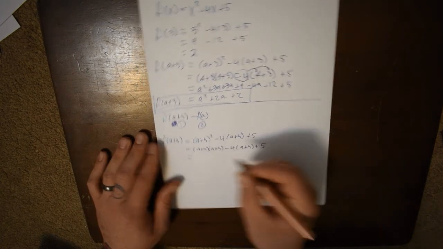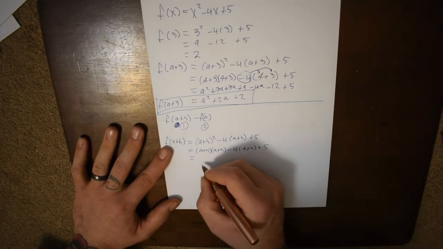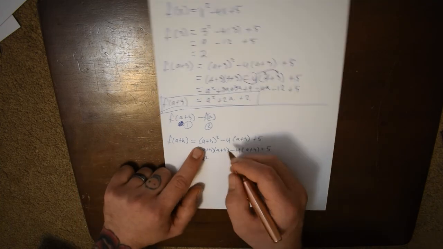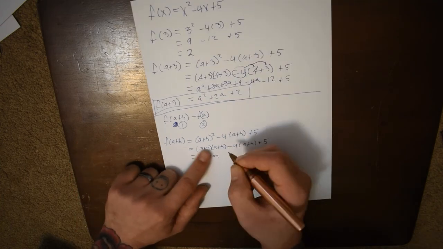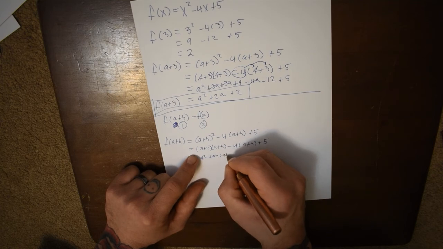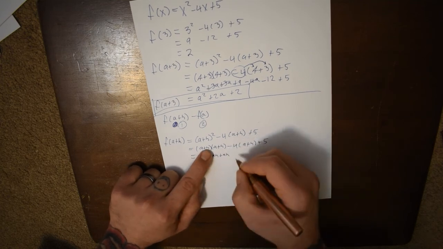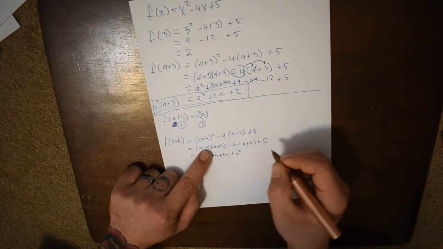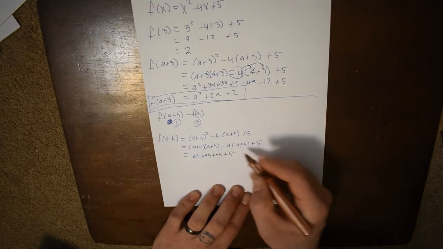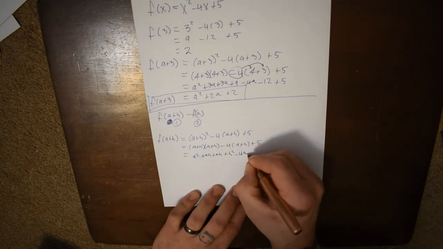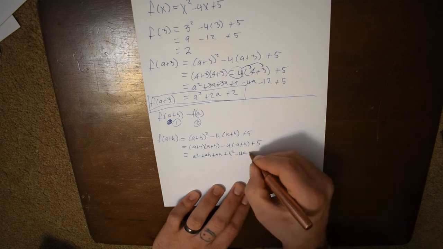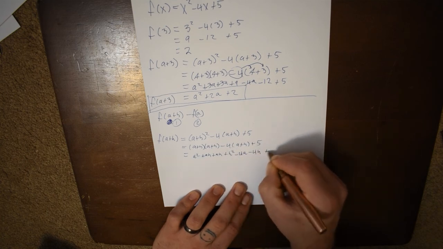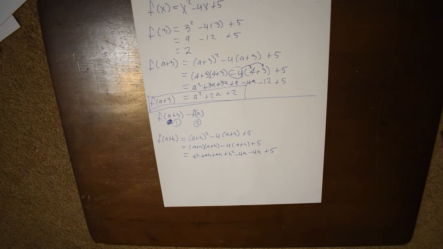Well, we'll use our distributive property. First, we get an a squared, outside plus ah, inside plus ah, last plus h squared. Then we'll distribute. Minus 4 times a is negative 4a. Negative 4 times h is negative 4h. And then plus 5. You always want to simplify.